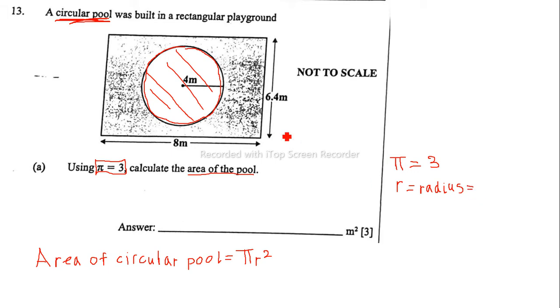So the radius is 4 meters. And so pi r squared equals, can someone help me? 3 times 4 squared, 4 times 4 meters squared.